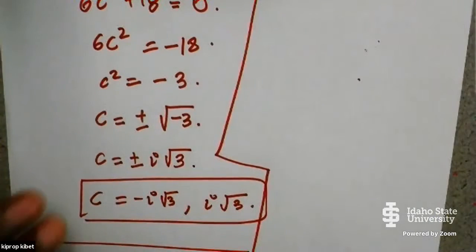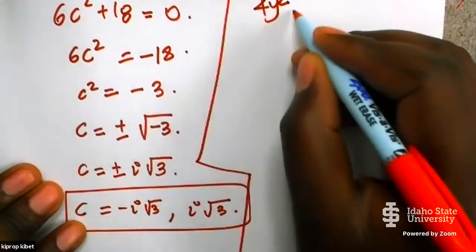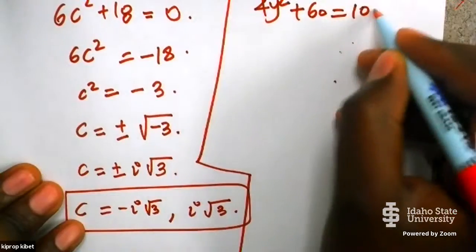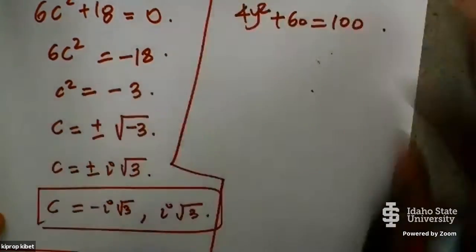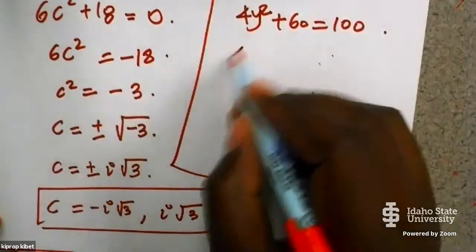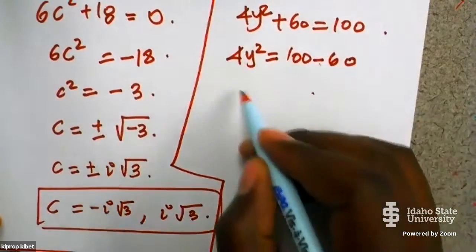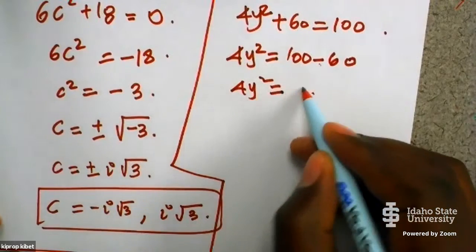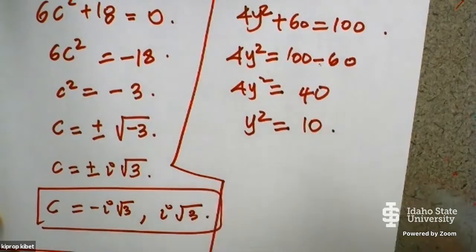Okay, so another example. Let's say 4y squared plus 60 equals 100. So what is the value of y? So again, you take all those values to the other side. So 4y squared equals 100 minus 60. 4y squared equals 40. y squared equals 10.